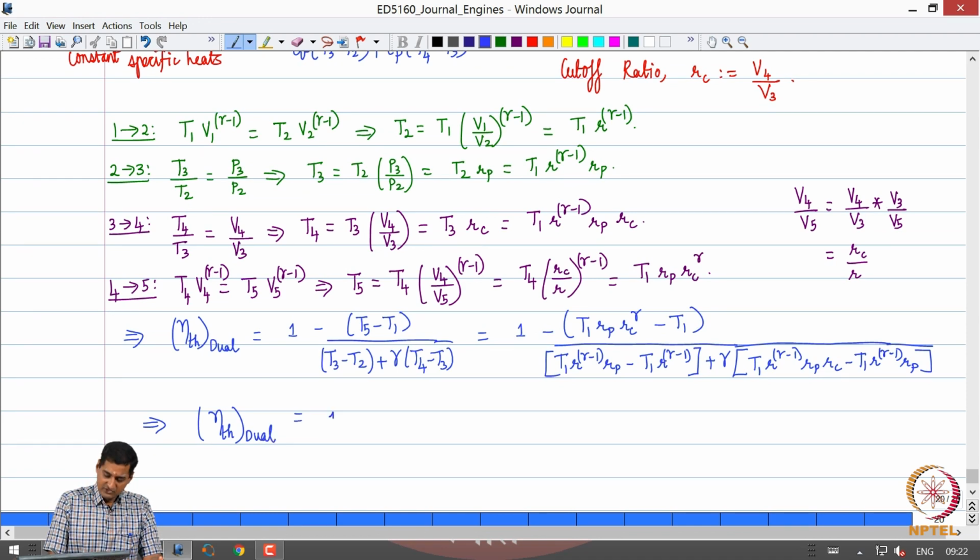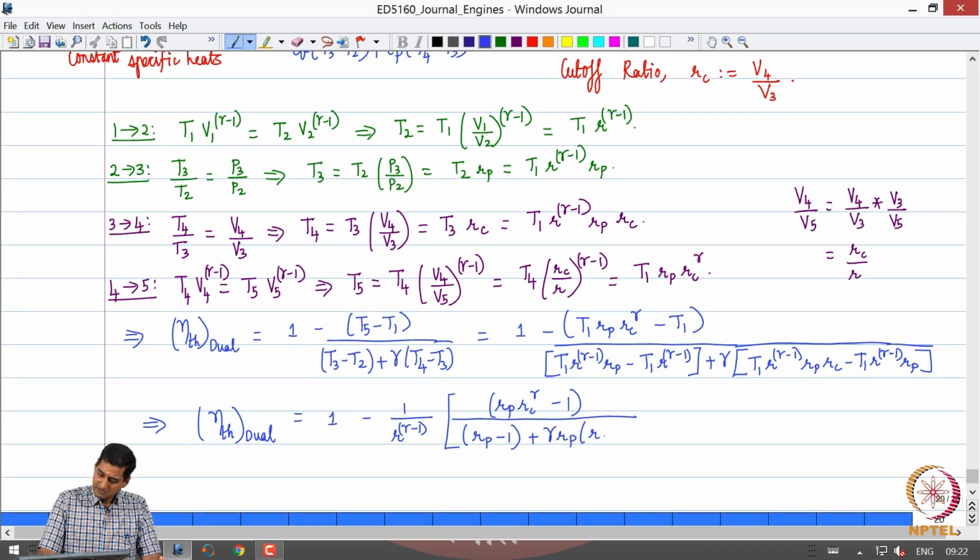You can pull out R power gamma minus 1 common from the denominator, then we have in the numerator Rp Rc power gamma minus 1, divided by Rp minus 1 plus gamma Rp (Rc minus 1).